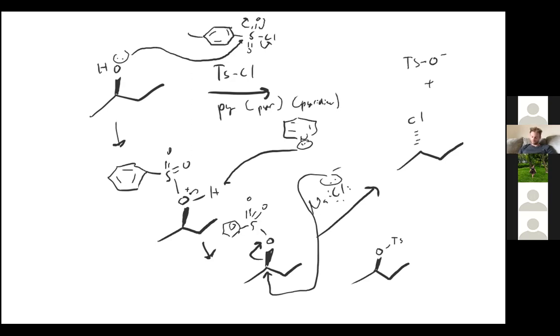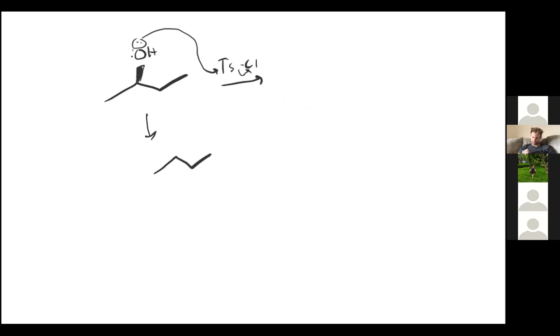The short version of this mechanism: you can attack this Ts, we'll lose a proton, and then Cl minus can do an SN2.